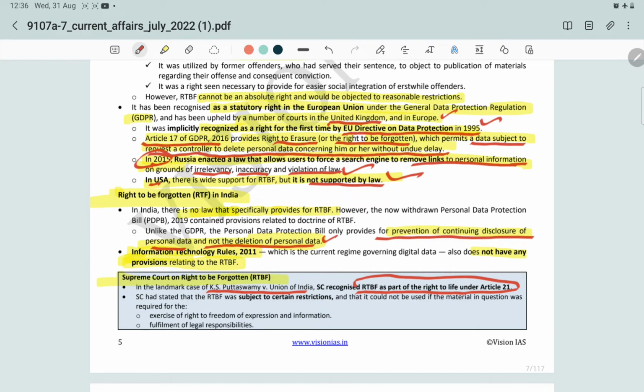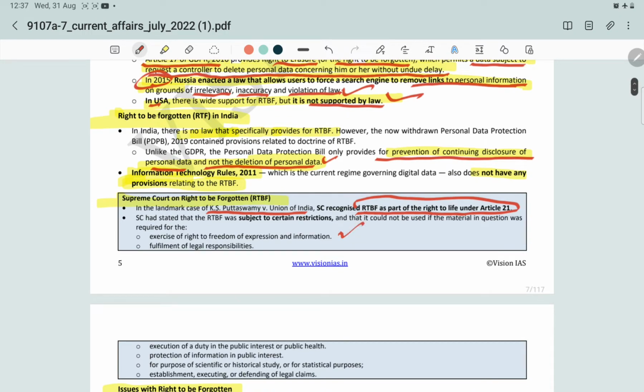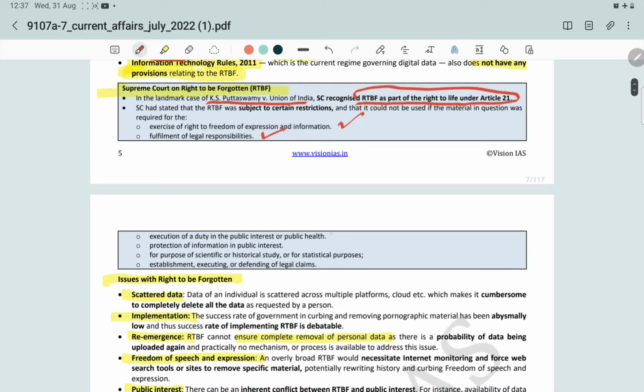The Supreme Court has stated that it is not absolute and is subject to certain restrictions, and it cannot be used if the material in question is required for the exercise of freedom of expression and information, fulfillment of legal responsibilities, execution of duty in public interest or public health, protection of information in public interest, purposes of scientific or historical study or statistical purposes, and establishing, executing or defending legal claims.